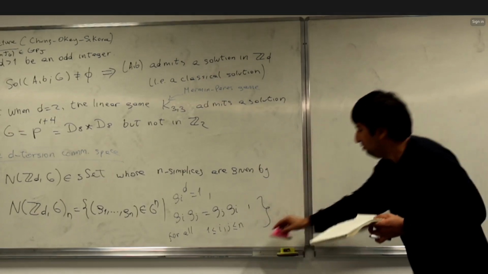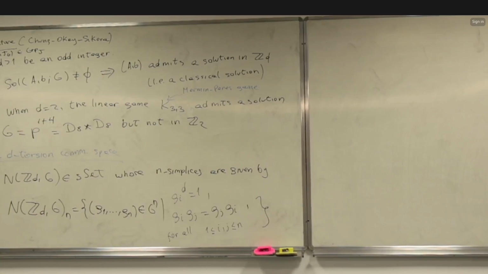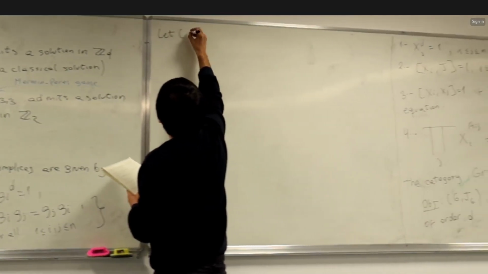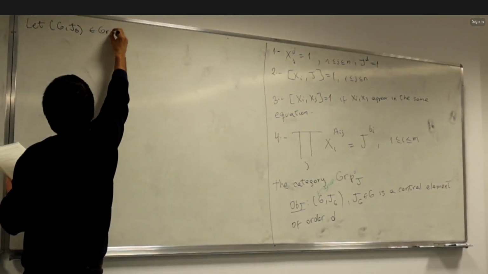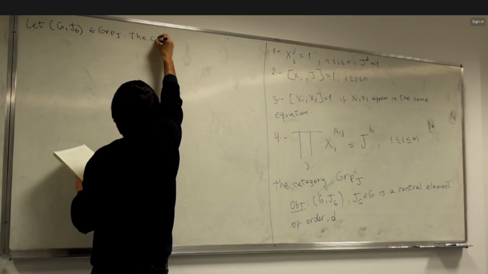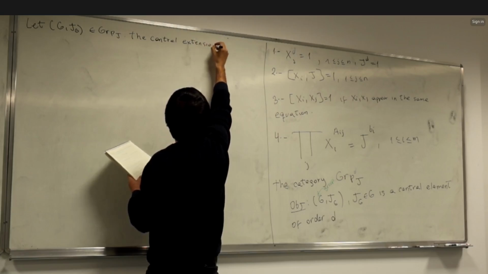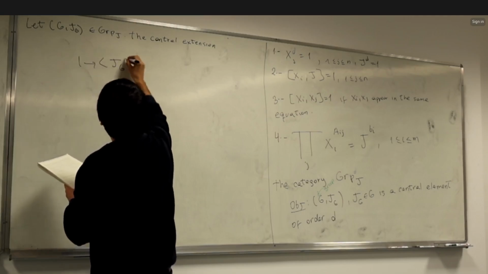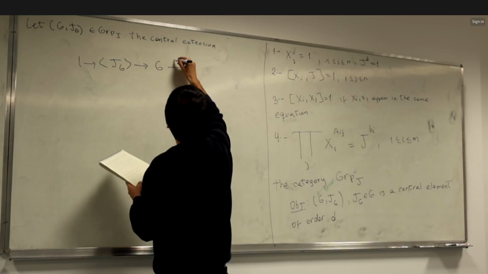Well, I won't define the face maps and the degeneracy maps, but we might imagine which they are. Okay, let this pair be in the category of groups, G and J. The central extension: one, its inclusion, the projection.